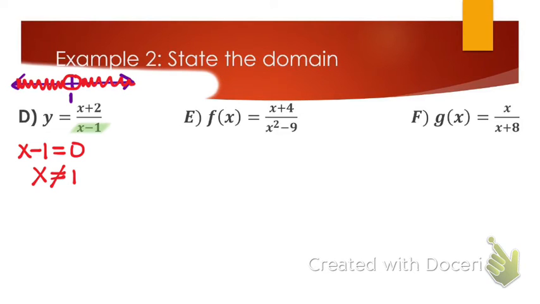So to say that in interval notation, you would say your domain would be negative infinity to 1. Do I put a bracket on the 1 or a parentheses on the 1? Parentheses, because a bracket means that it's okay, but it's not okay. So we have a parentheses, and then we have union to show that there's a break, 1 to infinity. So it's kind of like our domain is split into 2 pieces.